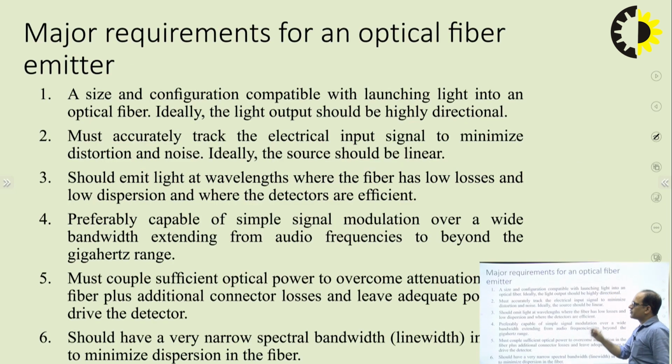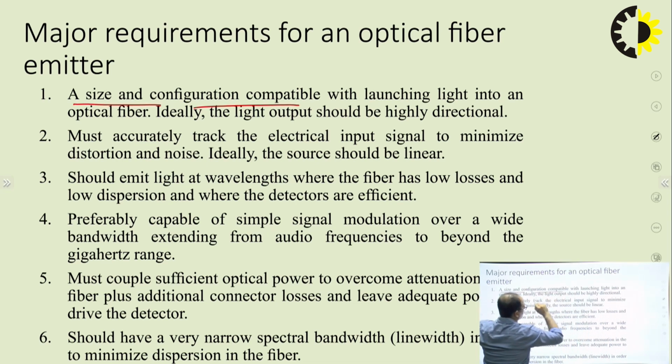The major requirements for a good optical source are, first, that its size and configuration should be compatible with launching light into an optical fiber cable. The light output should be highly directional and must accurately track the electrical input signal to minimize distortion and noise.